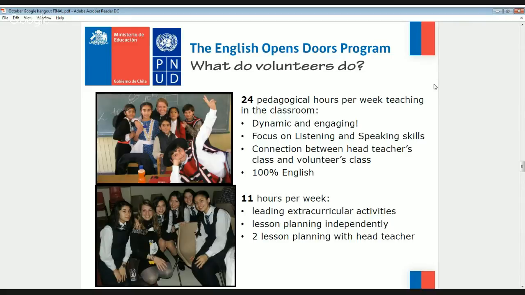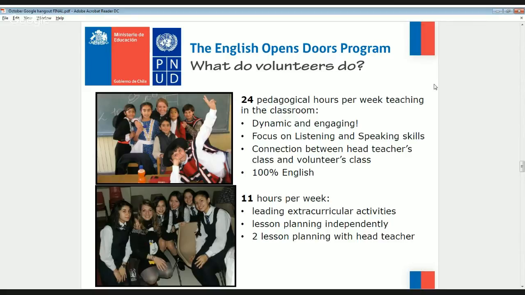You're creating classes that are dynamic and engaging, really getting the students to participate, and you're focusing on enhancing their listening and speaking skills. The idea is that you are working with your head teacher to make a connection between what they are teaching in their class and what you are working on in your class, so that there is a clear link for the students between the two classes. And this is happening in 100% English.